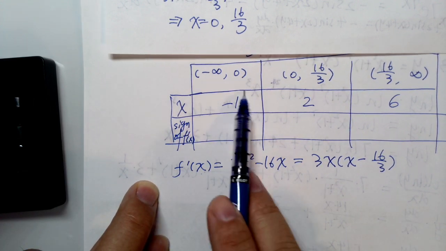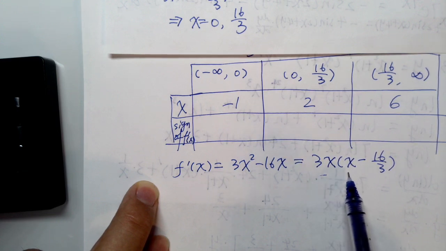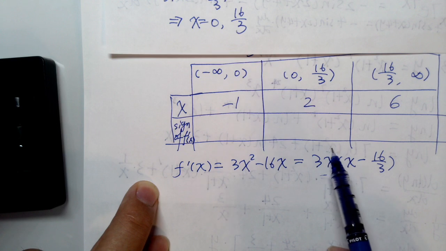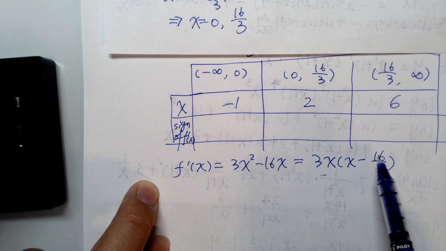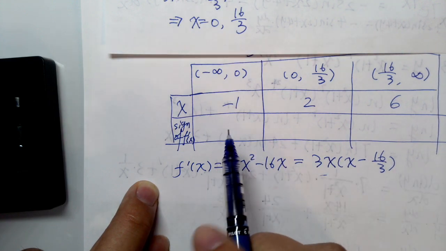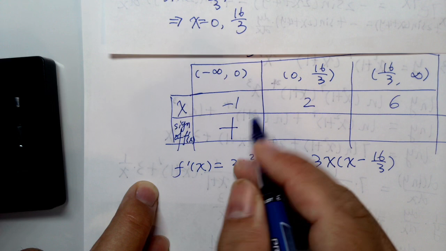When x equals -1, 3 times a negative number is a negative number. Then -1 minus 16/3, so still negative. So you have a negative number multiplied by another negative number. So it turns out the sign of its derivative at -1 is positive.